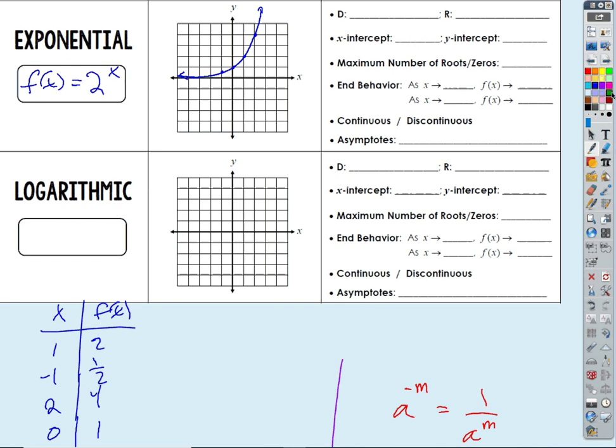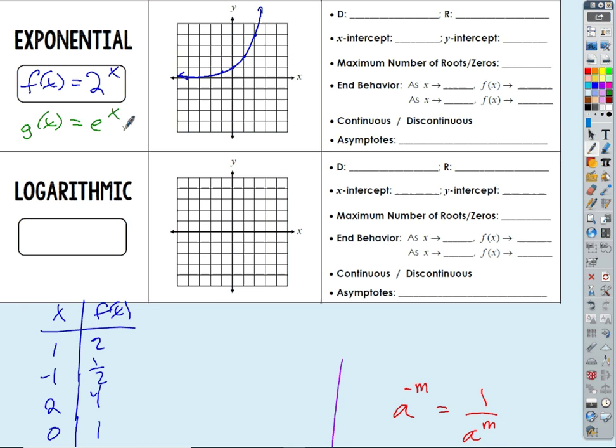If I were going to graph a different function, g of x equals e to the x, I just mentioned this, it's been more than a week ago now. What is e? It's a number, it's called the natural number, and it's a number like pi.